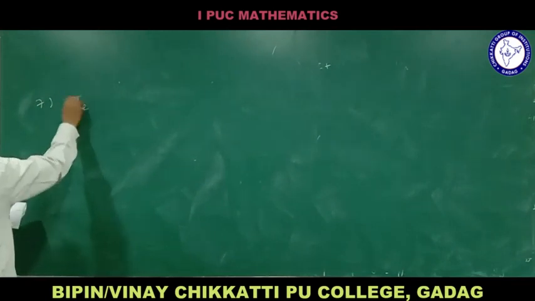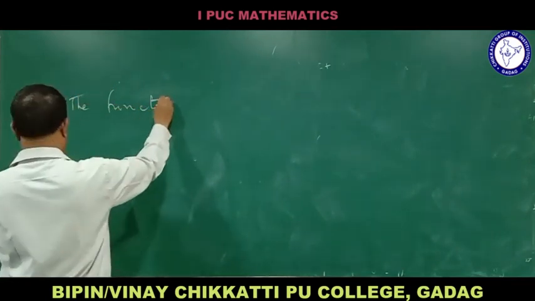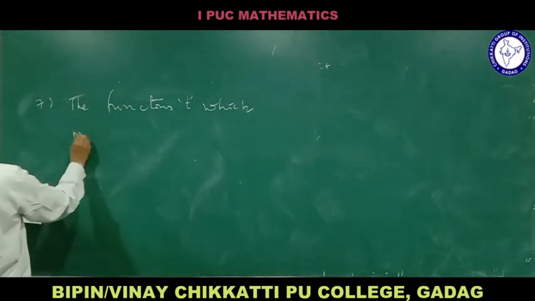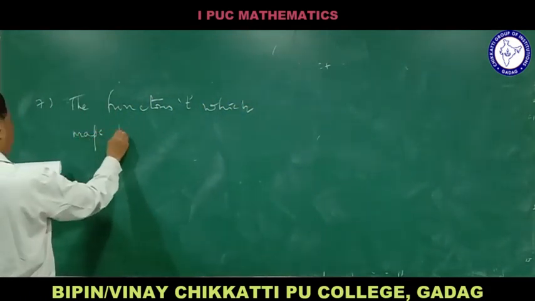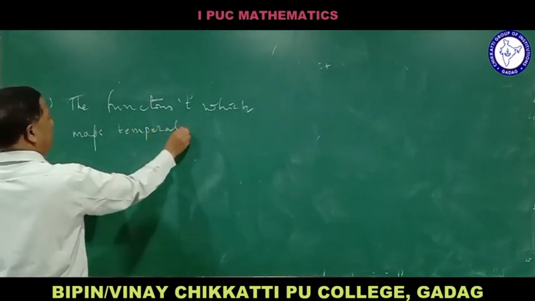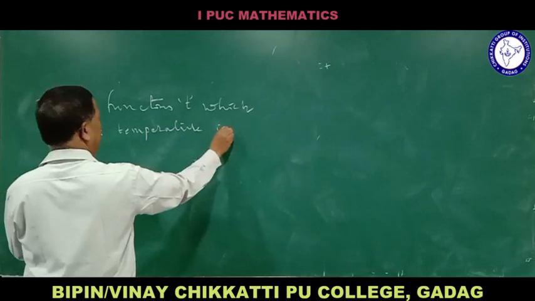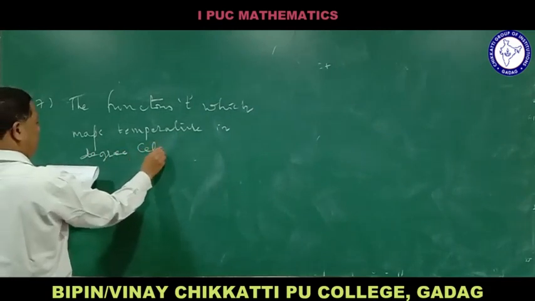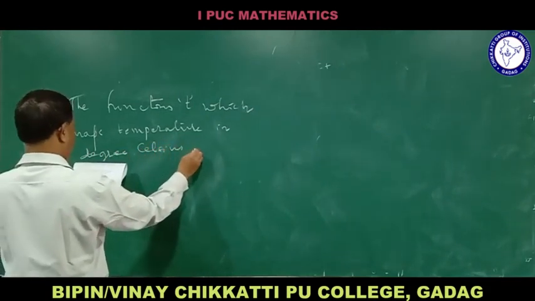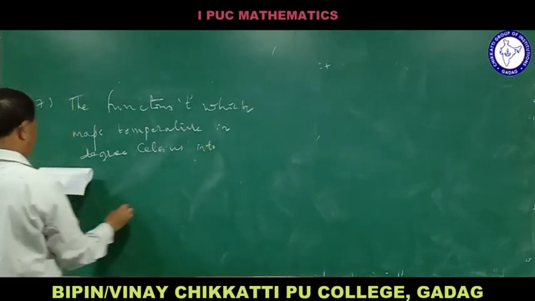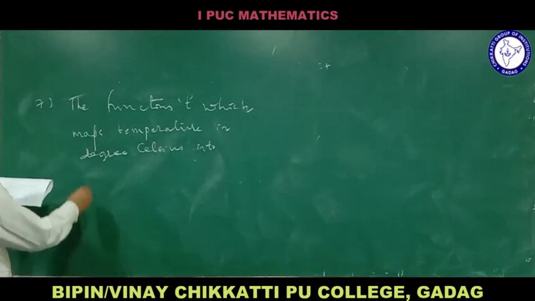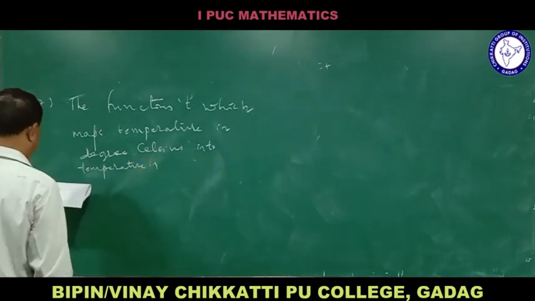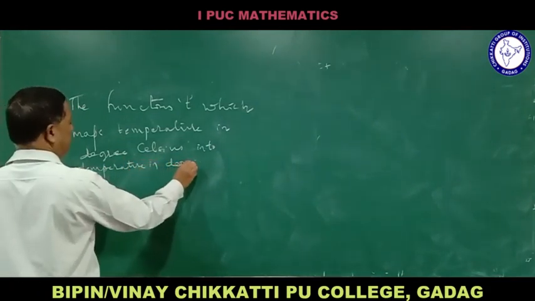The function t which maps temperature in degree Celsius into temperature in degree Fahrenheit.